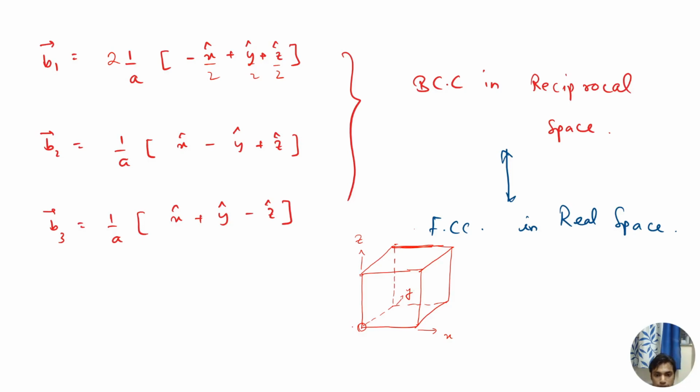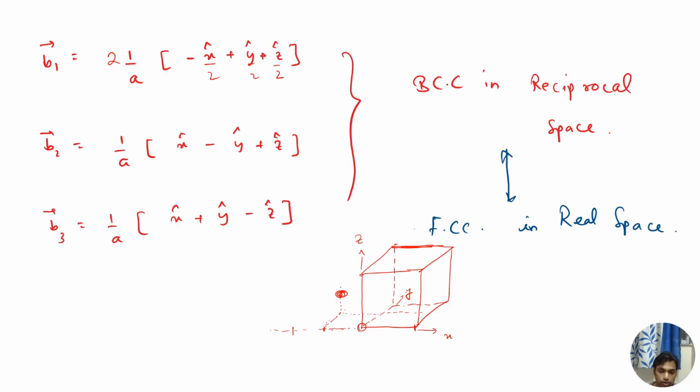Now, minus x cap by 2: if this is your x cap, minus x cap by 2 will come here. Now you want to go along y cap plus y cap by 2, and z cap by 2 is this. So you are reaching the body center of your neighboring sphere, which is in the direction minus x.